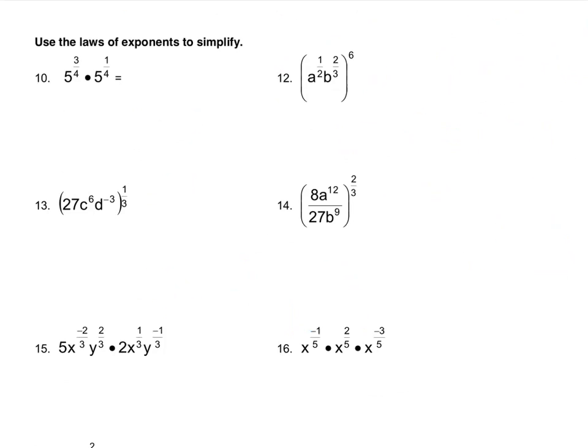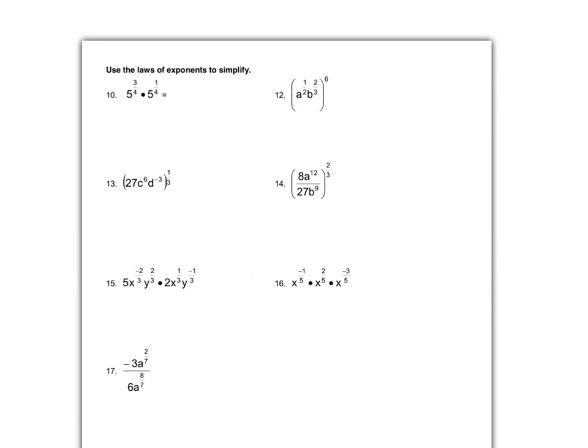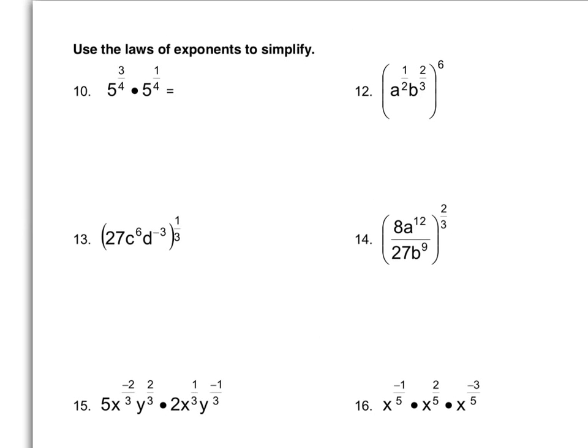Now let's switch. On the back page, as you can see, you are going to be simplifying or using the laws of exponents, you need to simplify. So 5 to the, since there's a multiplication, you add the powers. So let's add the powers. 3 over 4 plus 1 over 4. Now remember, you add the numerators. So 3 plus 1 is 4.